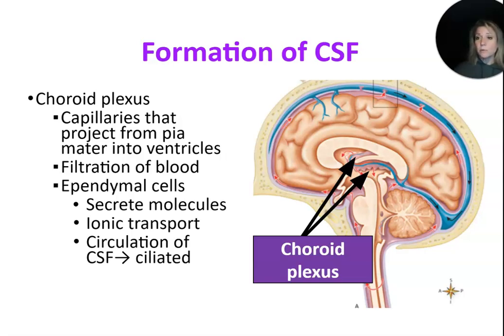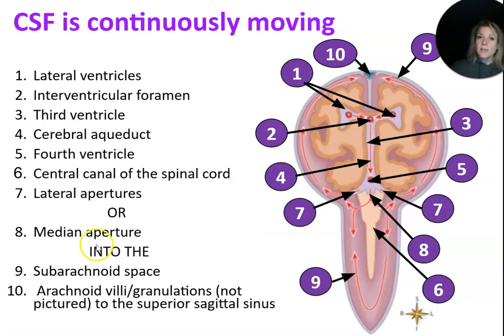So we keep it moving, and then the cerebrospinal fluid enters the subarachnoid space, and then it enters the bloodstream through the arachnoid villi. This is the way that the cerebrospinal fluid flows both through the brain and on the outside of the brain.